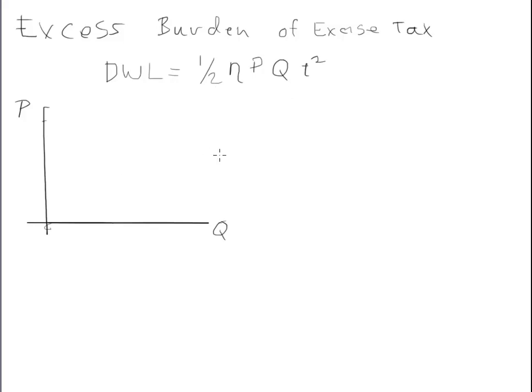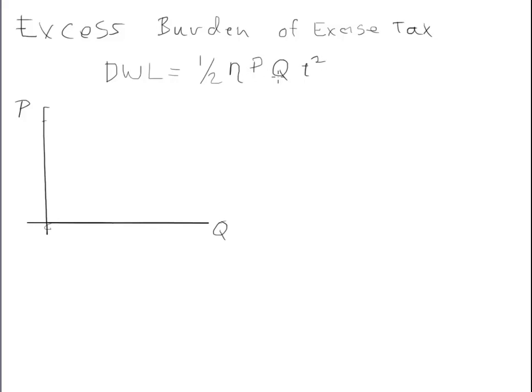Let's draw this. Here's our equation. One half, it's the area of a triangle, so one half base times height. So the height is going to be our price. We've got quantity, our tax. Well, what we have is a compensated elasticity, a price, a quantity, and this is the tax squared.